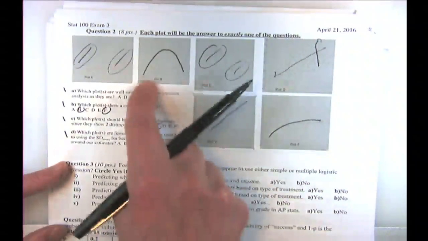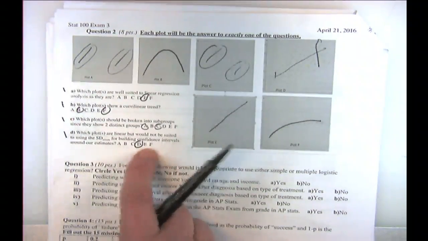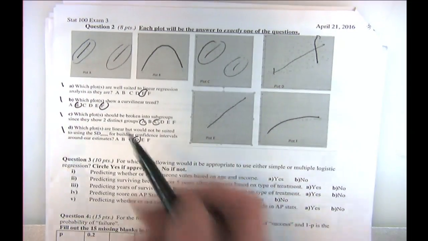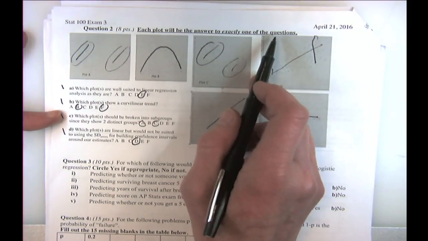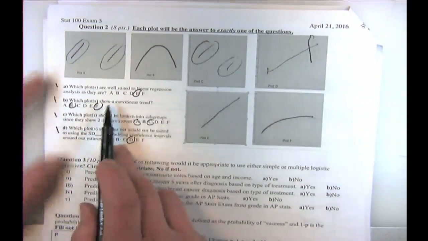So in other words, these 6 plots, these 6 answers will be distributed among these 4 questions. So there should be 6 circles here. Circle 6 of these answers. So many people somehow either didn't read that or didn't understand it and didn't follow those directions. So we just decided to make them worth 1 point each, and this is what it looks like.